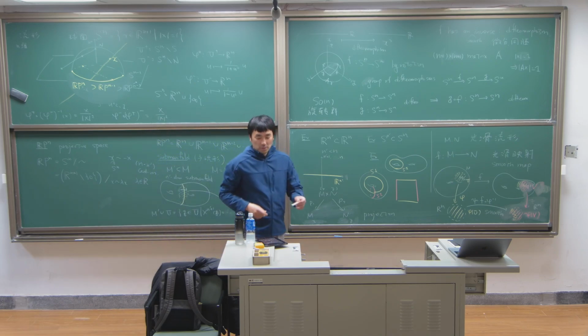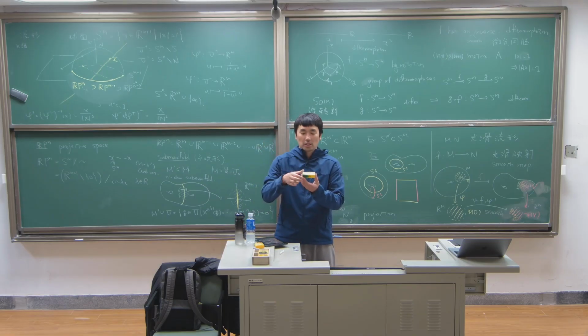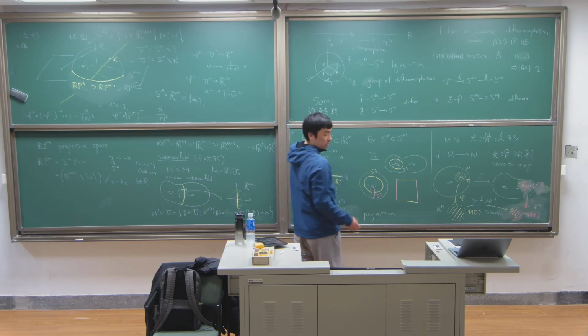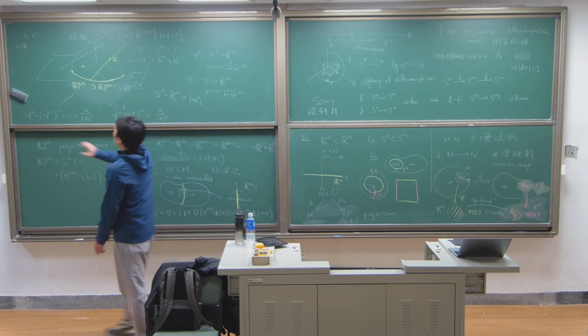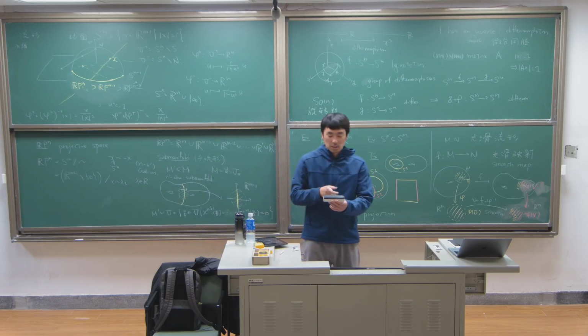For instance, suppose these are the x, y, and z axes. If you rotate about the x-axis, it becomes like this, and if you rotate about the y-axis, it becomes like this.